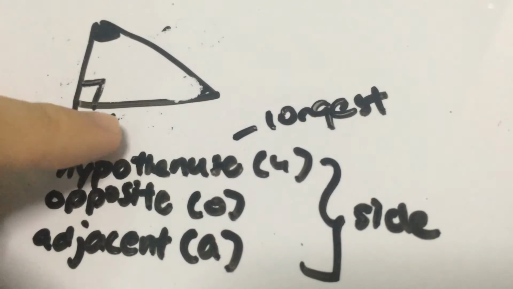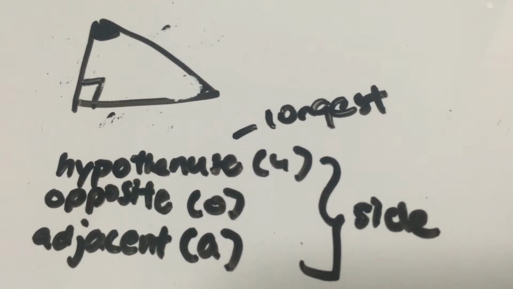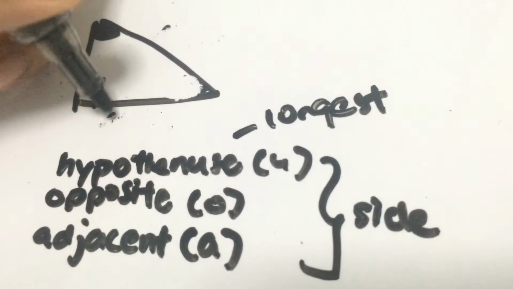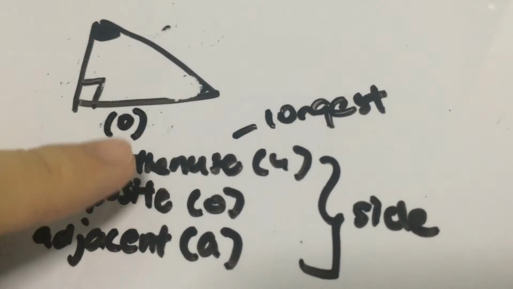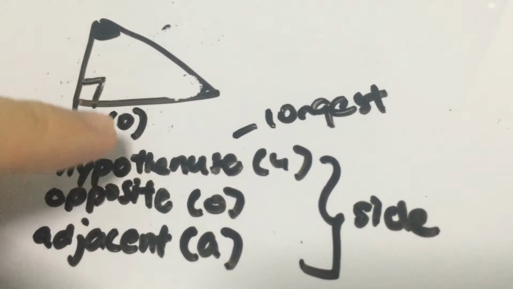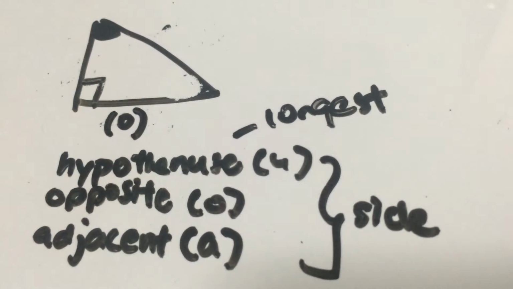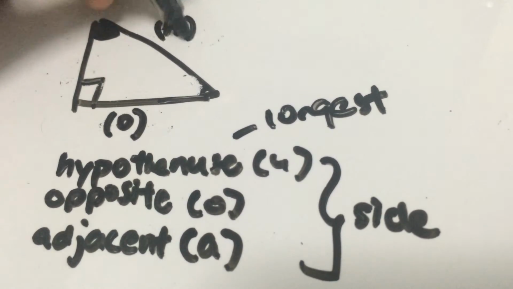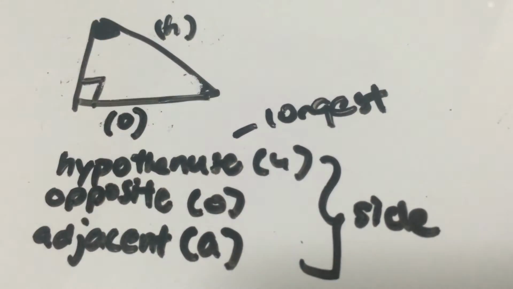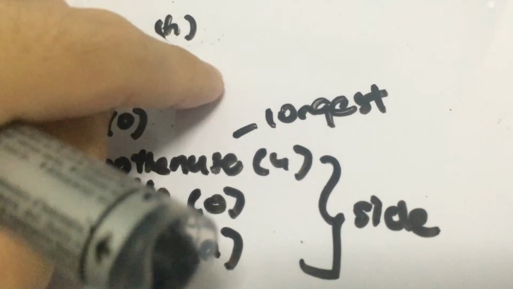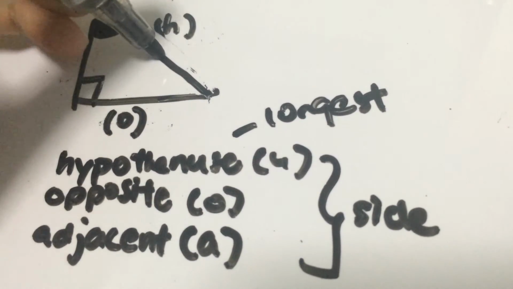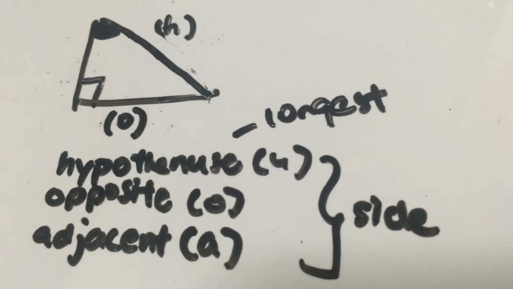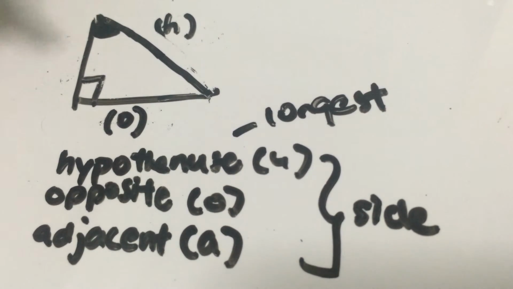In the previous part, this was the adjacent side, but now because the angle is down here, this becomes the opposite side, because this side is opposite of the angle that is indicated down here. The hypotenuse side is the longer side, so it is always the longer side and hence will not change. Let me just draw to make it look like a triangle. It looks like a curved triangle actually. And finally, this will be the adjacent side.